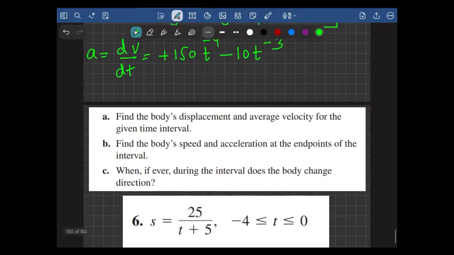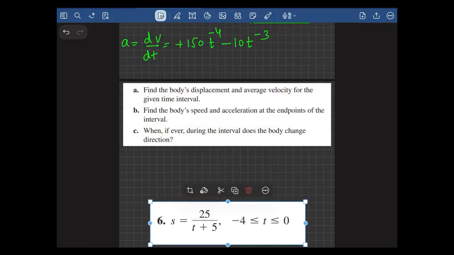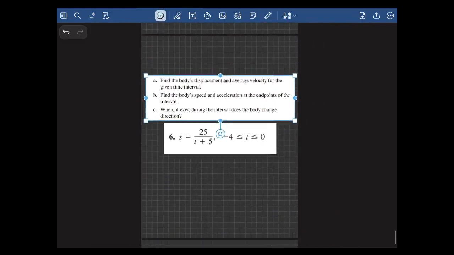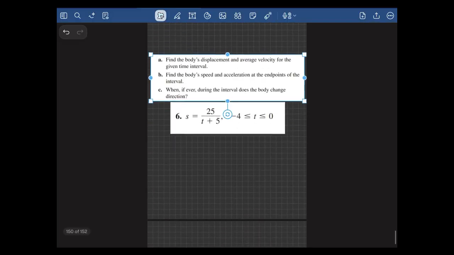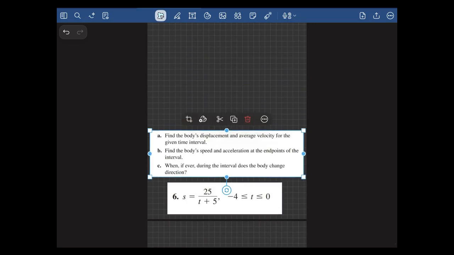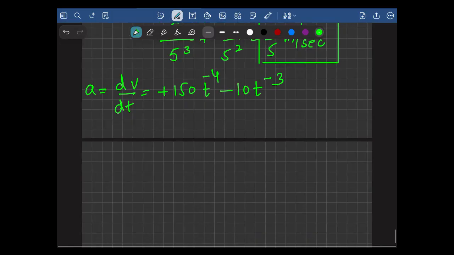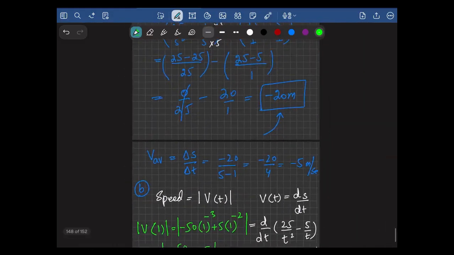So let me make a little space here. So acceleration at the endpoint 1, because the interval is 1 to 5.